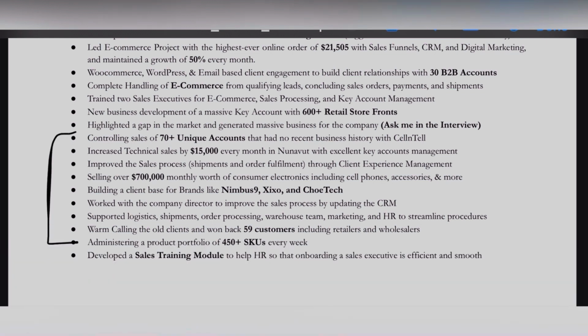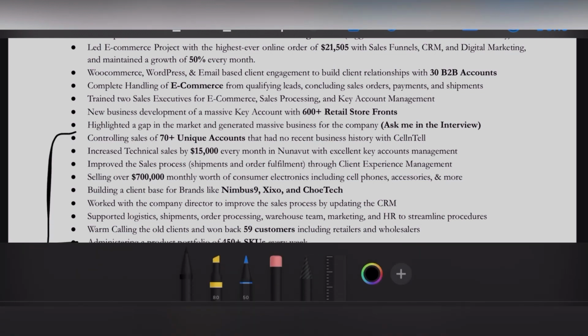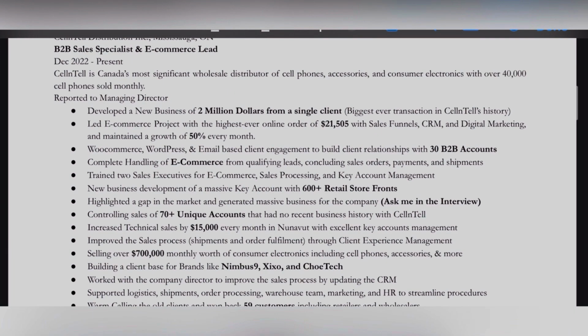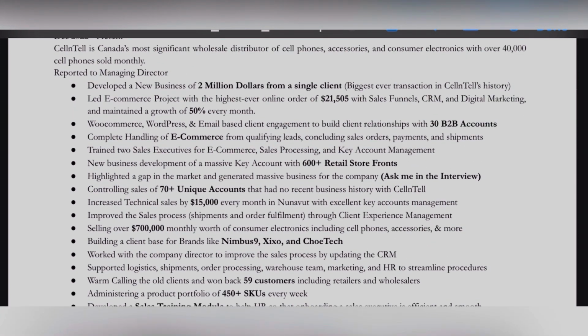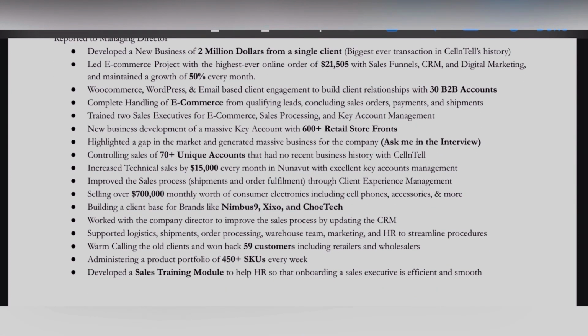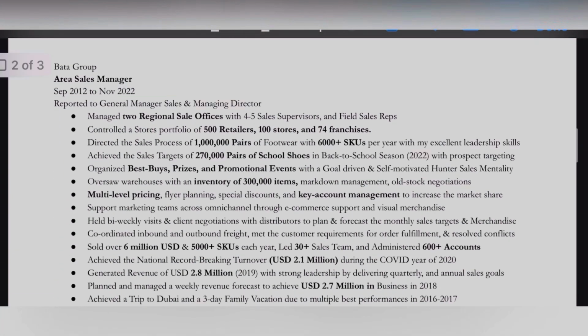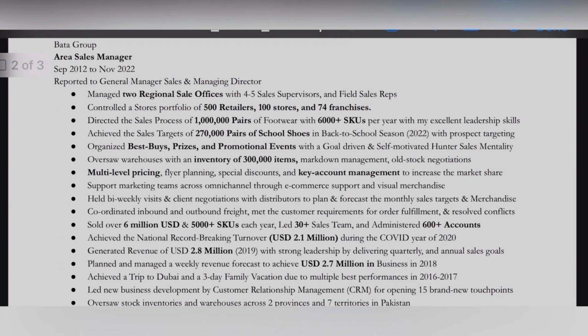Okay. Now, always your most recent experience should have the maximum space on your resume, not the old experiences. Then, my last job, the previous job before the current job, was in Pakistan.